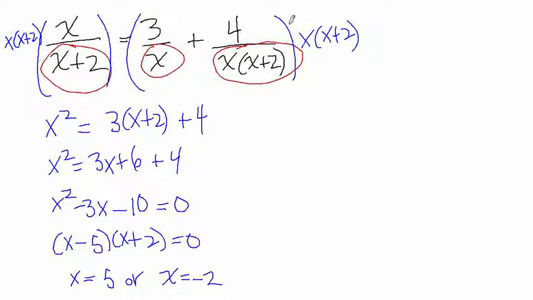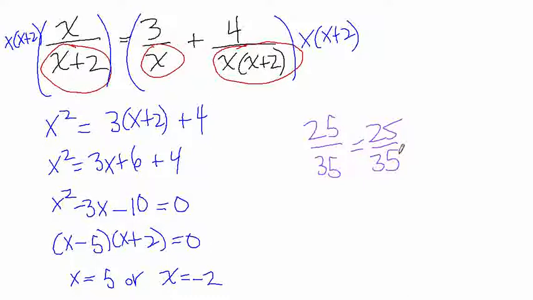Okay, so if you plugged in the 5, you should have gotten on both sides 25 over 35. Yes, on the left side you'll get 5 over 7, but that's equivalent to 25 over 35.